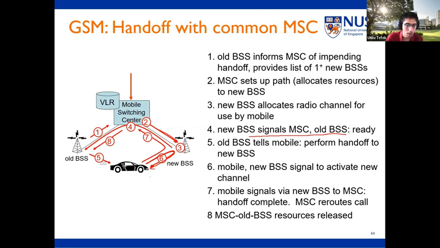And then the mobile tells the mobile switching center through the new base station that the handoff is complete. So the mobile switching center can now reroute the call so it can send the incoming data packets this way. And finally, the resources for the old base station are released by the mobile switching center. Okay.